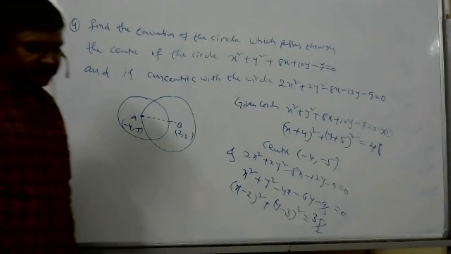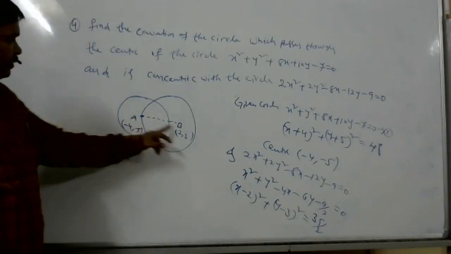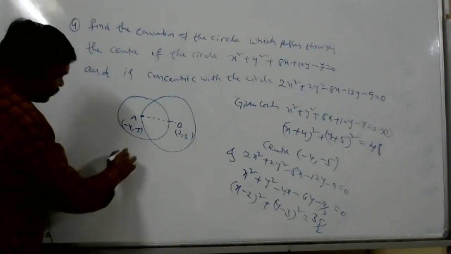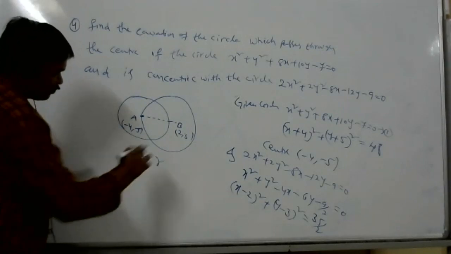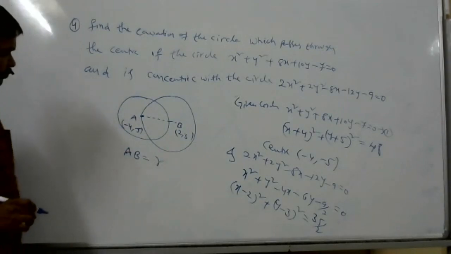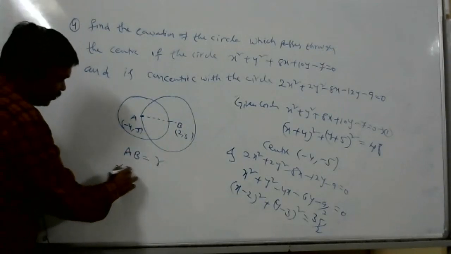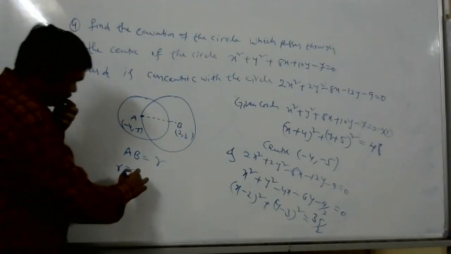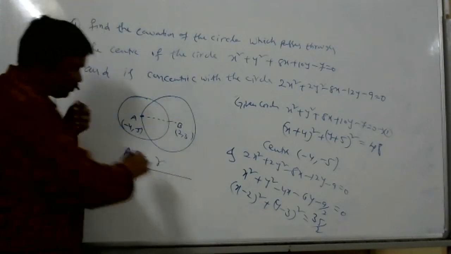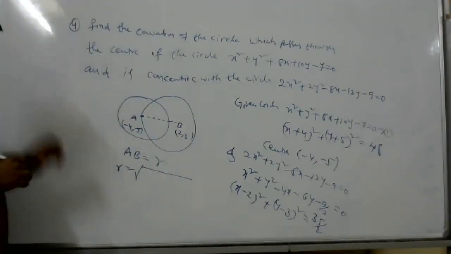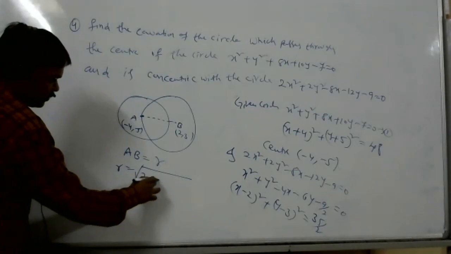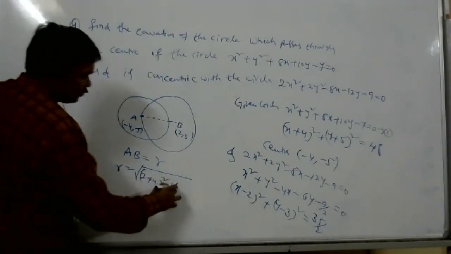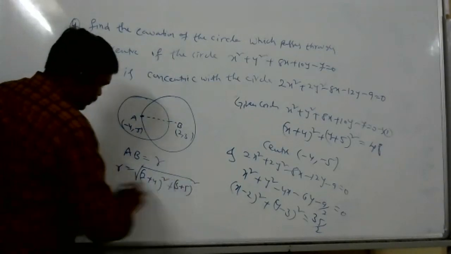Now find the radius, AB is equal to R. Radius is equal to the distance, under root (2 plus 4) whole square plus (3 plus 5) whole square.